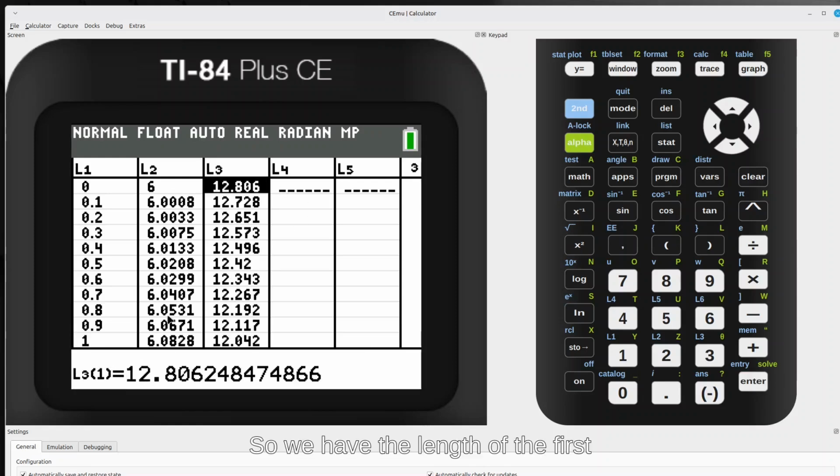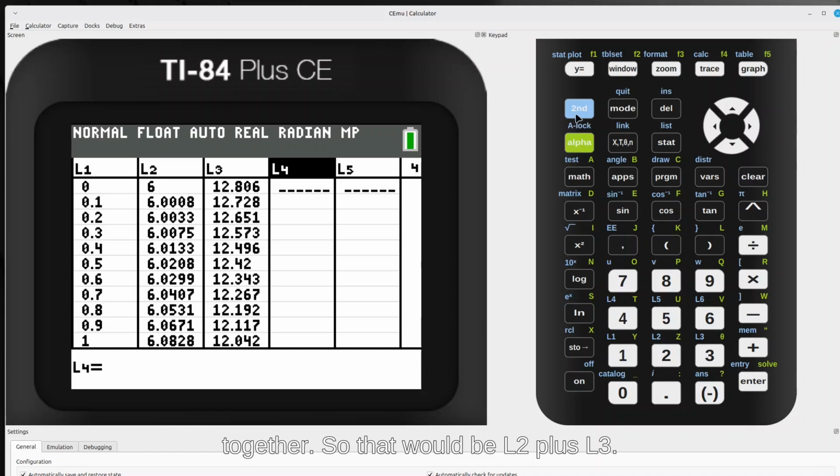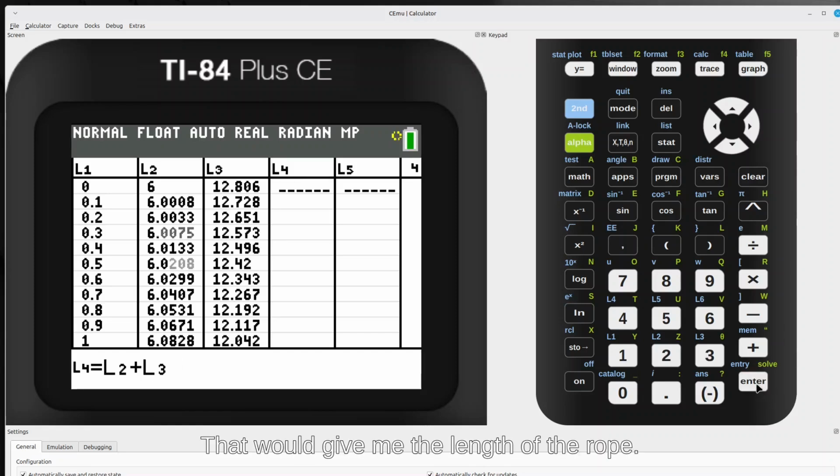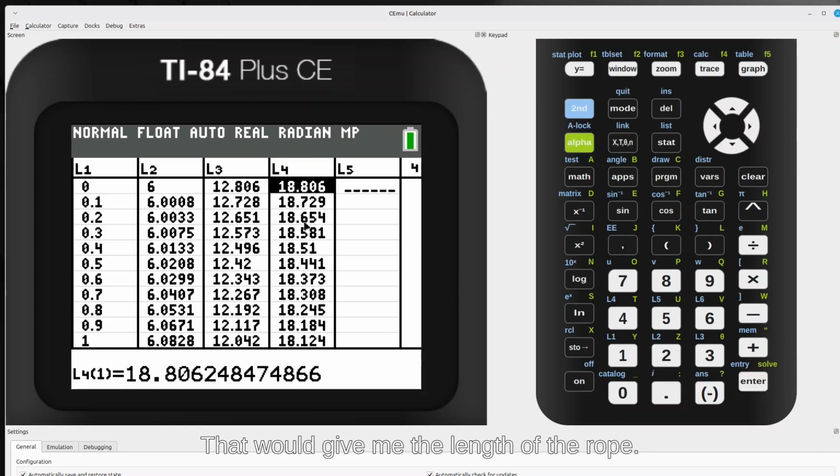So we have the length of the first hypotenuse, the length of the second hypotenuse. Now let's add the two together. So that would be L2 plus L3. That will give me the length of the rope.